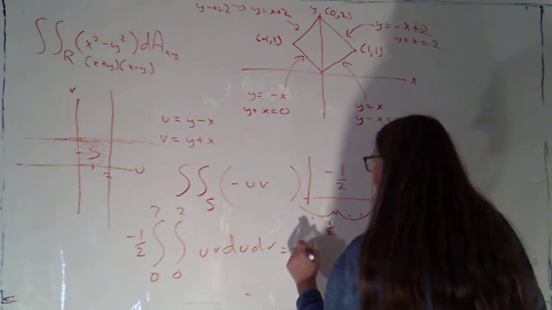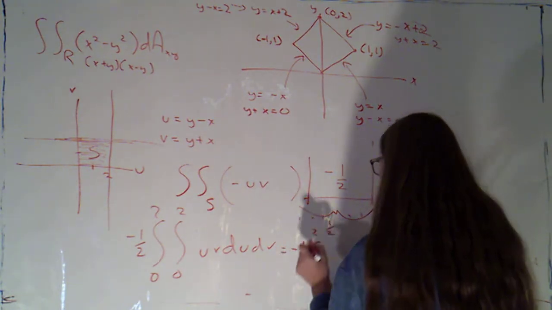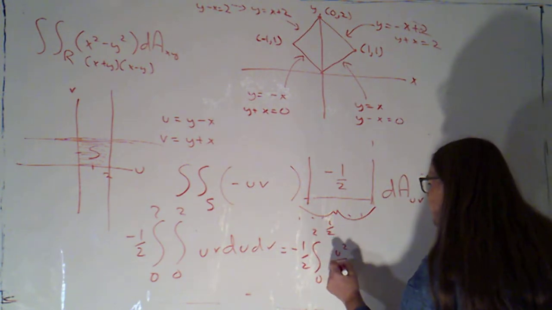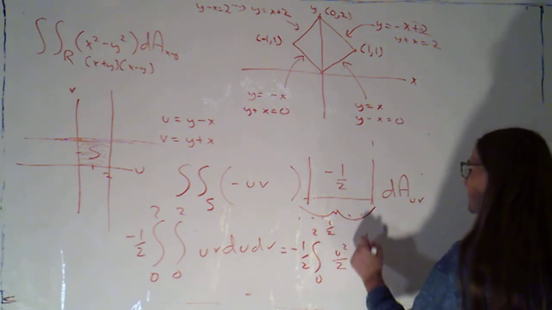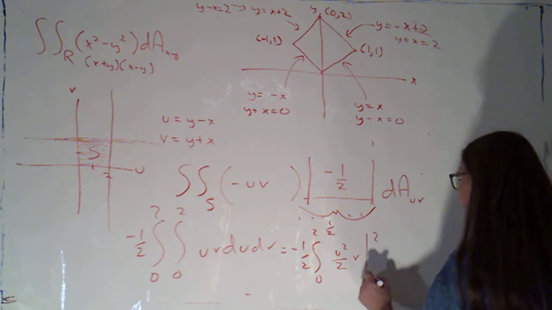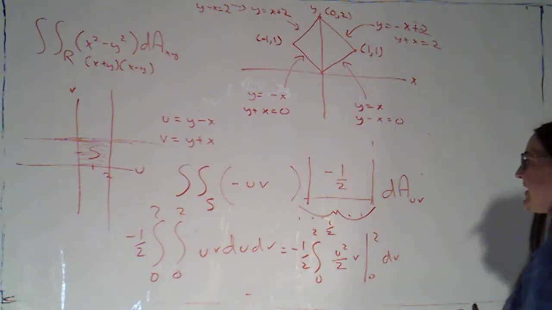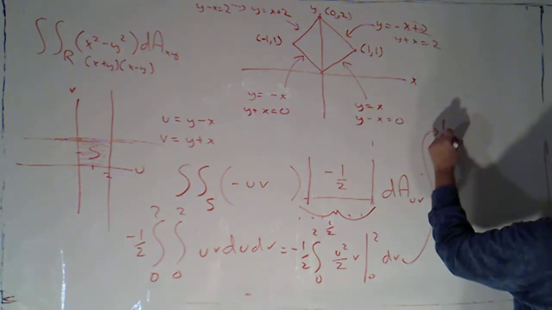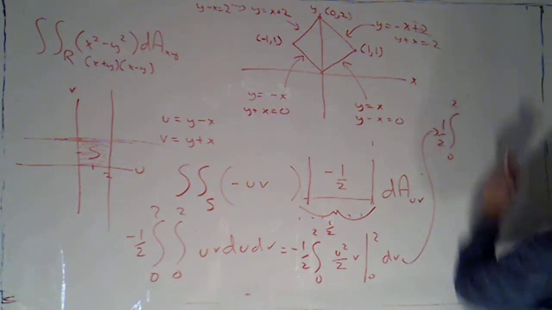So, negative 1/2, integral from 0 to 2. If I take my antiderivative with respect to u, I'm going to get u squared over 2 times v. We're evaluating as u varies from 2 to 0, and then we'll still integrate dv. So, let's see. That's going to give me 1/2, the integral from 0 to 2.